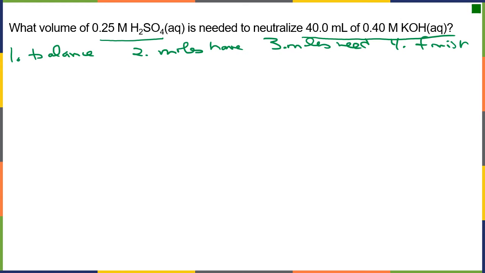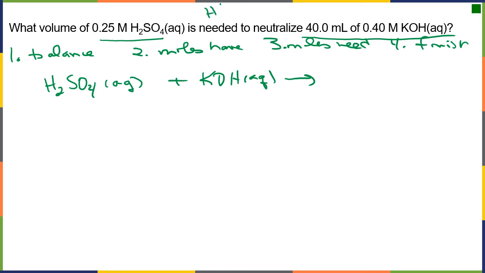So our balanced equation is this: H2SO4 aqueous is going to react with KOH. When we do these reactions, it's very important to realize that what we're really getting is an H+ and an OH-. Again, the cation from the acid with the anion from the base, making HOH or H2O.